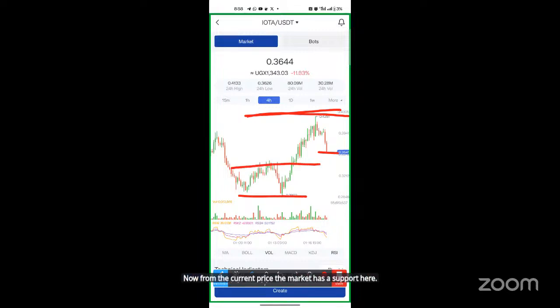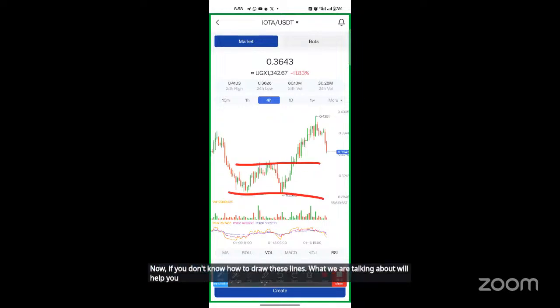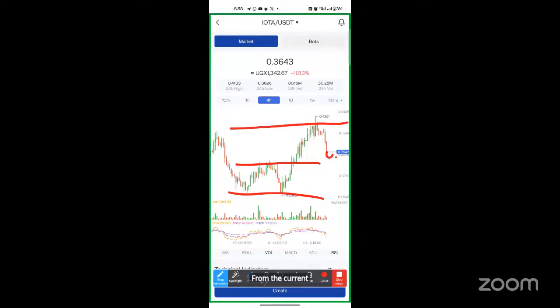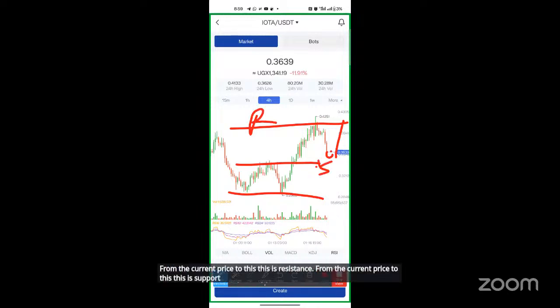If you don't know how to draw these lines, what we are talking about will help you draw them. From the current price to this is resistance. From the current price to this is support. Support are buying points, resistance are selling points.